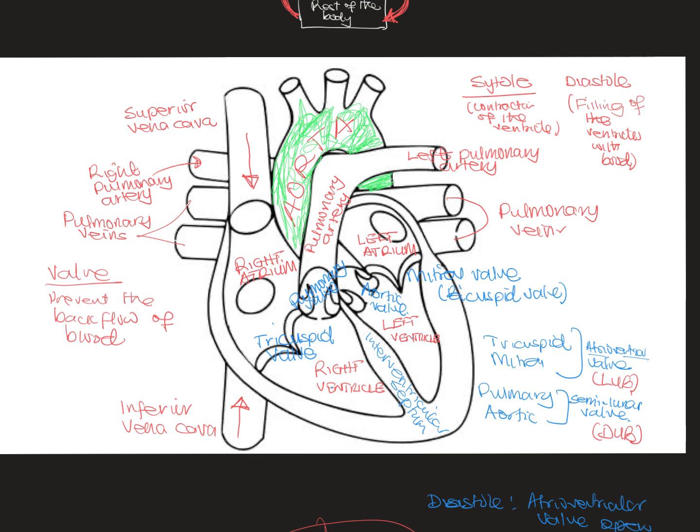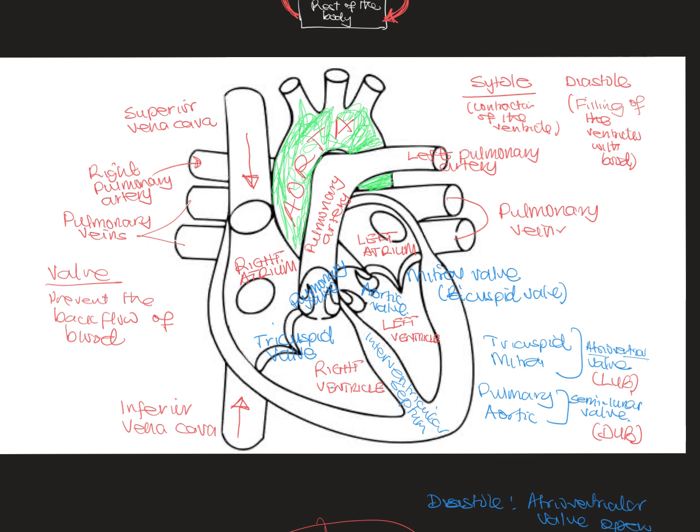Between the right atrium and the left atrium, though it's not clearly shown here, the partition in between is called the interatrial septum. Okay, and when there is a defect or an opening between them, mixing the oxygenated and deoxygenated blood, it is called the atrial septal defect.